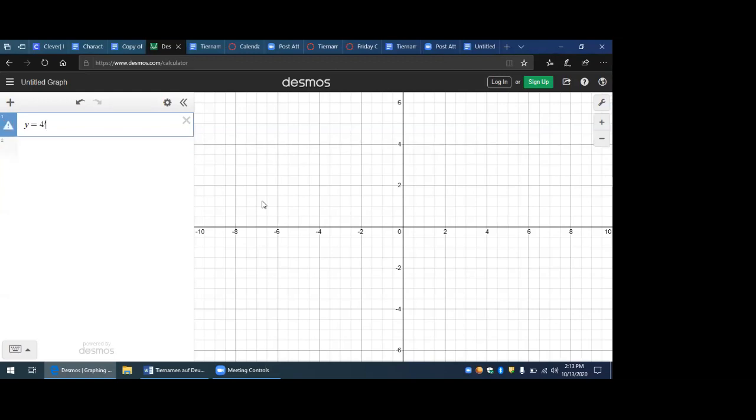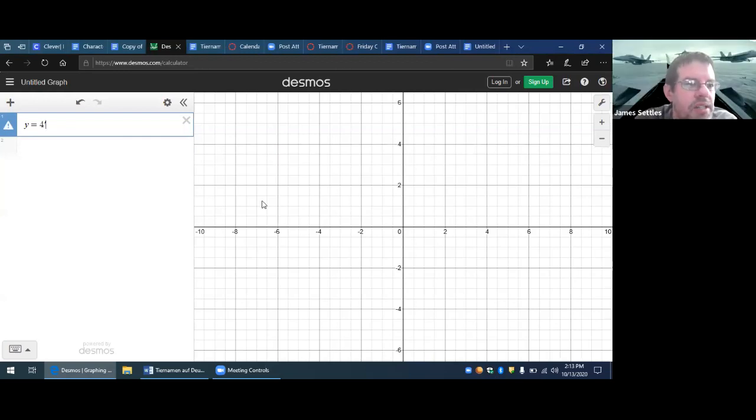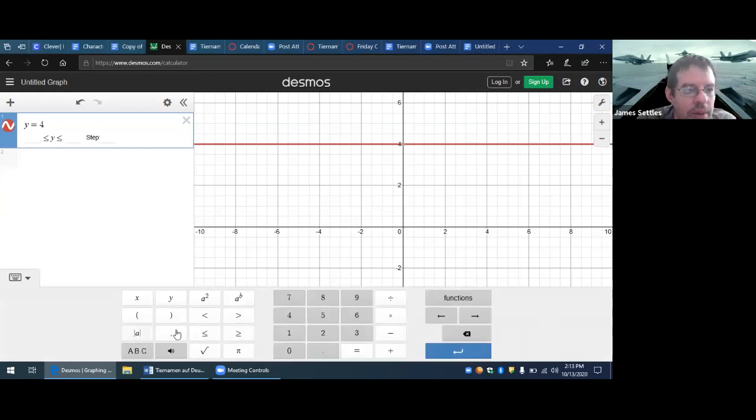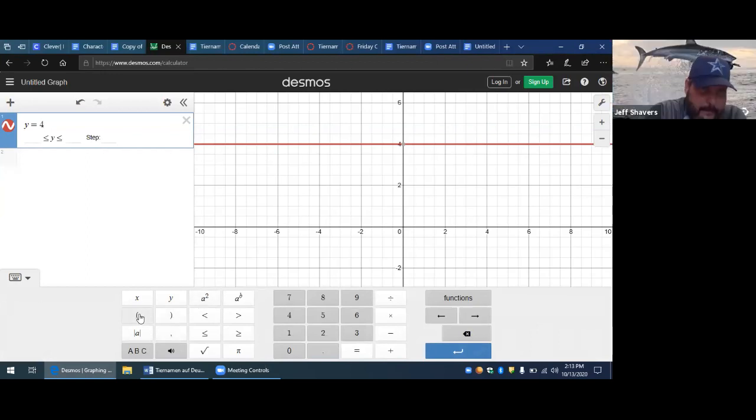Okay, so the easiest way probably for you to get parentheses is go down and click on that keypad at the bottom left. See that keypad thing down at the bottom left? There you go. So right below the X is parentheses. That one. And then put 4 inside the parentheses.